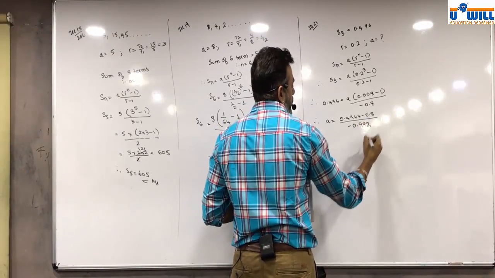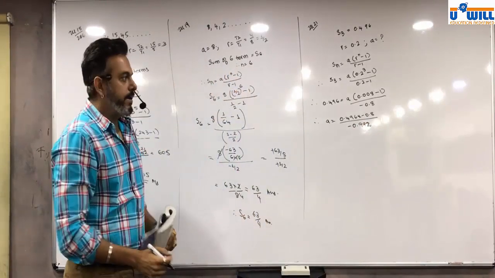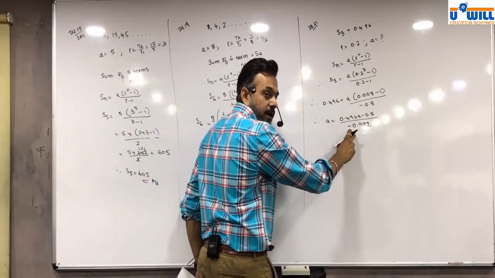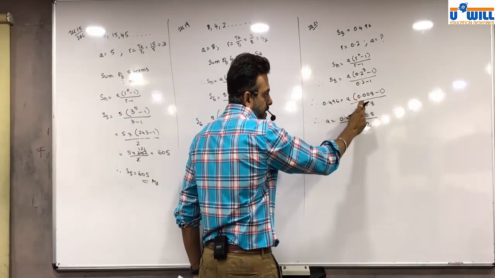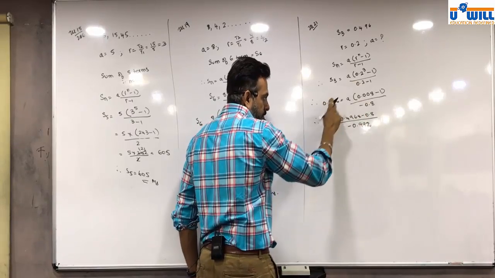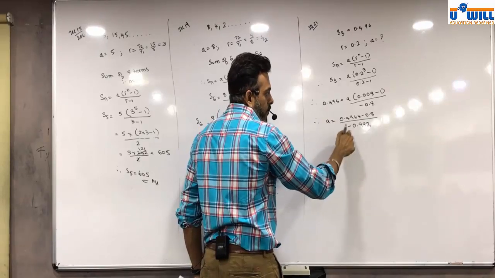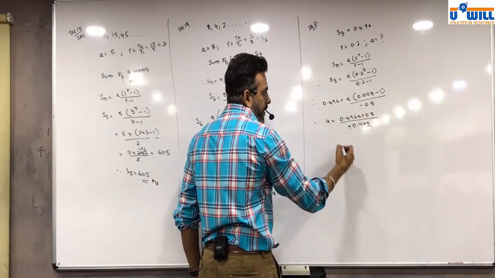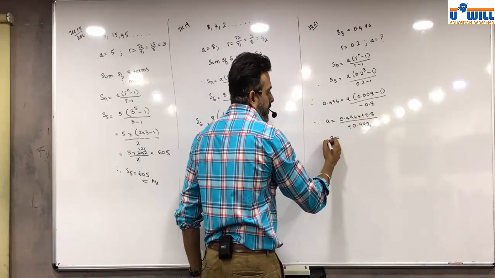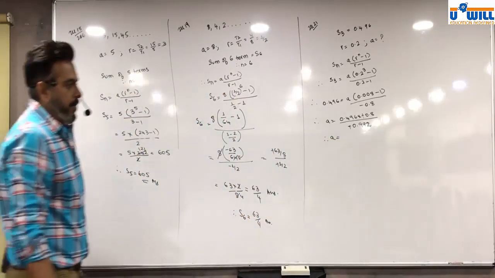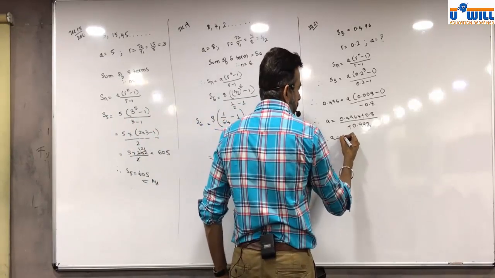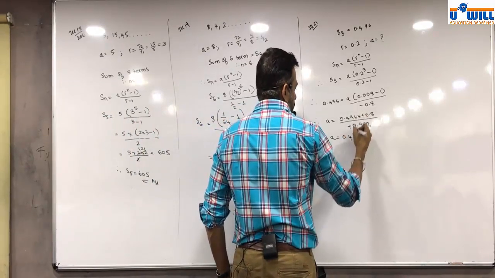Minus 0.992. ये पता चला कैसा आया? यहाँ से क्रॉस मल्टीप्लाई किया. We multiplied this with this and this went into division. Now minus minus will become plus. Solve it on the calculator. A is equal to 0.4.